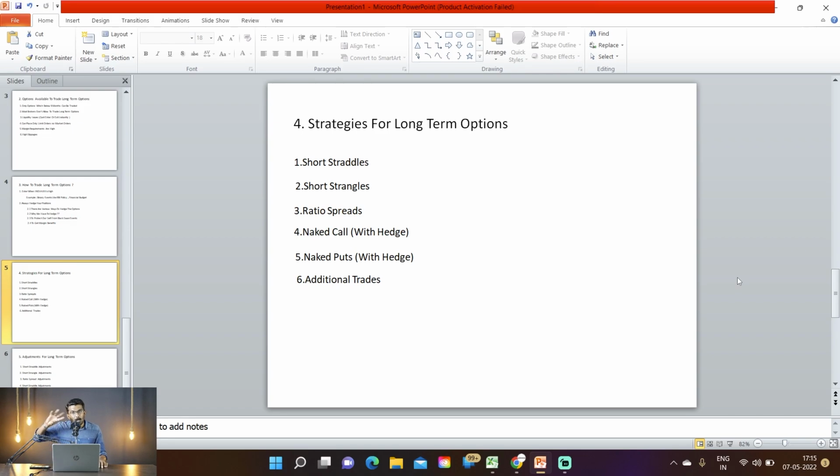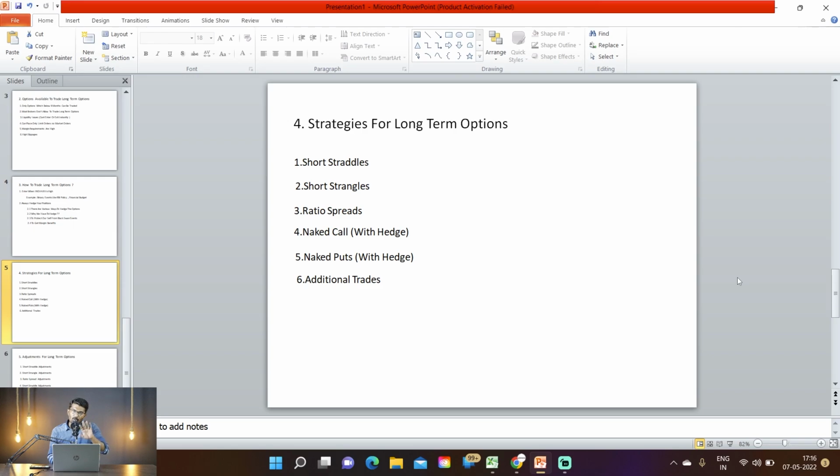You can also do additional trades dynamically, so that if your long-term option doesn't work, some other additional or secondary trades will work in your favor. So the risk reward ratio is in your favor, and you can make good money even if the market makes a two-way or three-way move. Okay, so those are the advantages of long-term options.